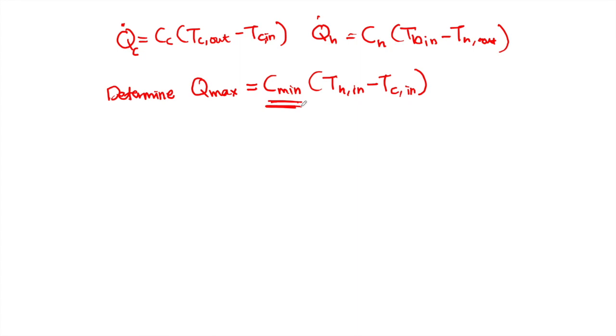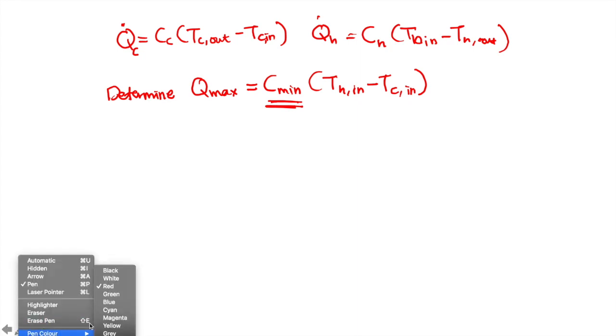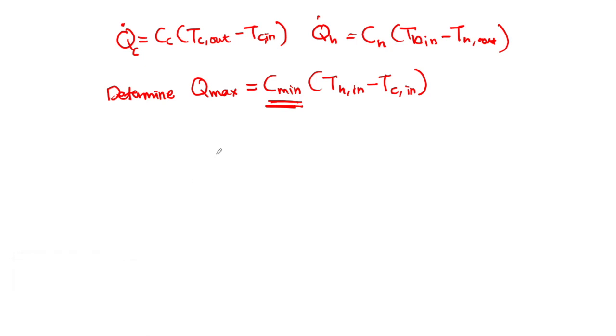C minimum. So from here, we have specific heat capacity for cold fluid and specific heat capacity for hot fluid. So where do we get the minimum heat capacity? Okay, here this is delta T maximum.